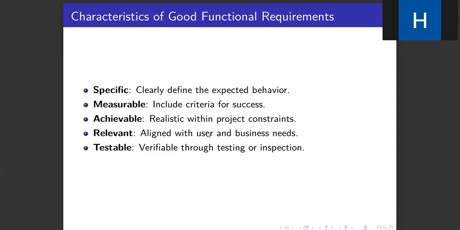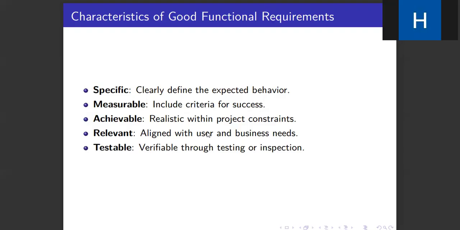So if you mention biometric login as a functional requirement, which is a bit complicated and unwanted, because we know there might be only one or two people managing this system, why do we want this kind of complicated login given the project constraints? It's a bit unrealistic. We can't argue it's not, but it's a bit unrealistic. So we have to specify achievable functional requirements. That's a very important scenario.